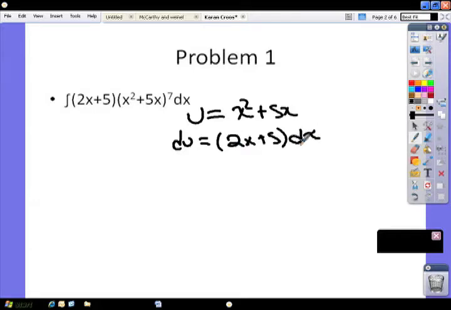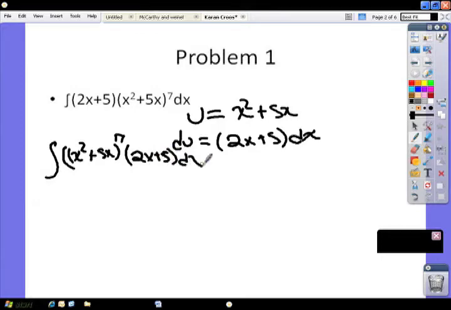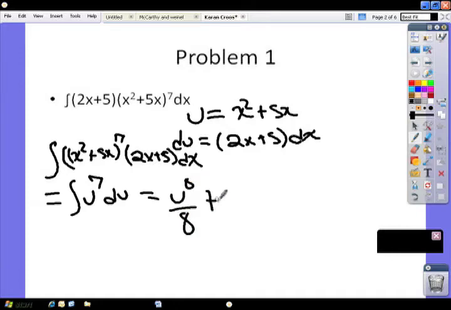And then you plug du back in the equation in u, and you get the integral of (x squared plus 5x) to the 7th times (2x plus 5) dx, which equals the integral of u to the 7th du, and the integral of u to the 7th du equals u to the 8th over 8 plus c.